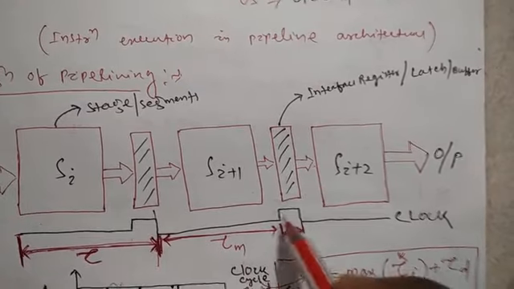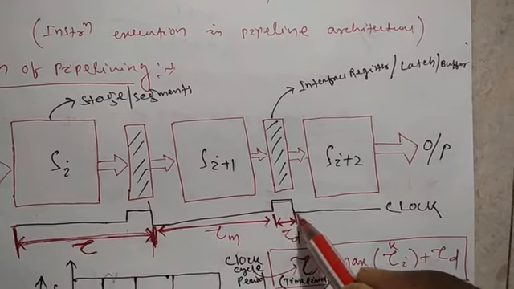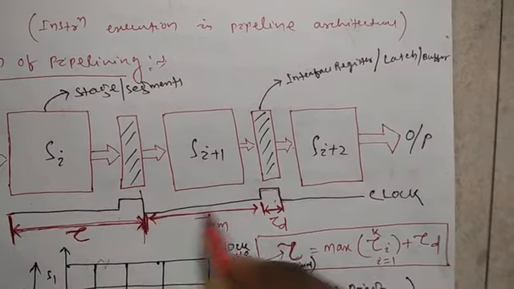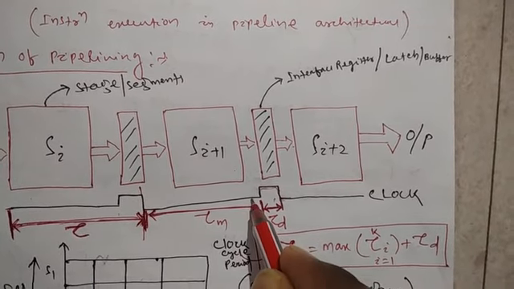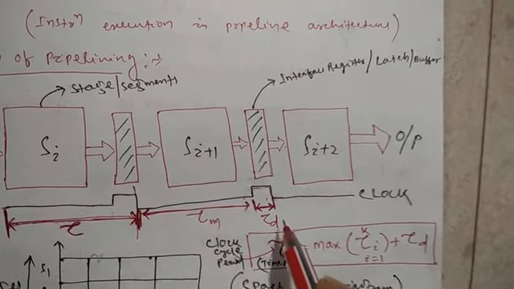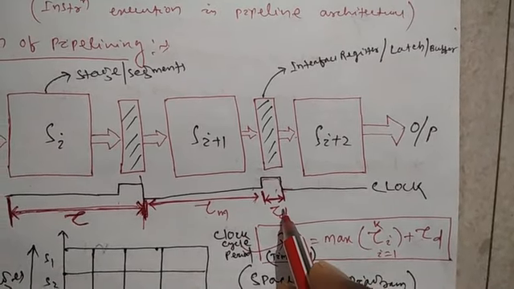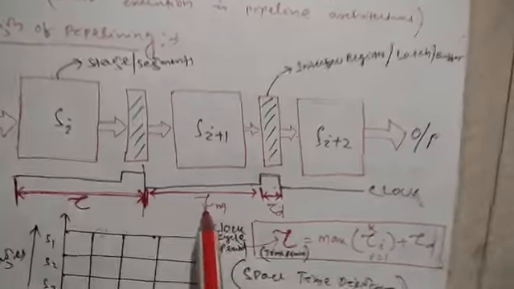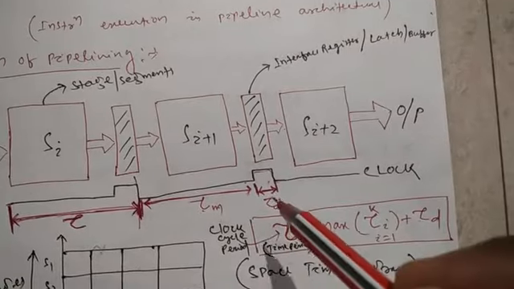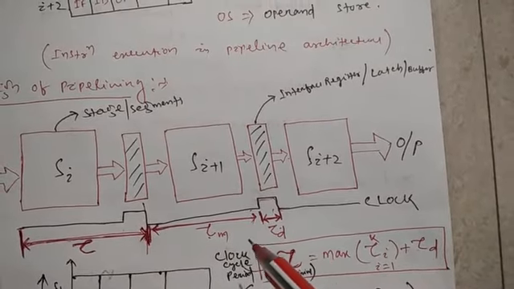This is called latch delay, and this is called phase duration. So tau equals latch delay plus phase duration. In pipelining there are a number of stages, 5 stages.